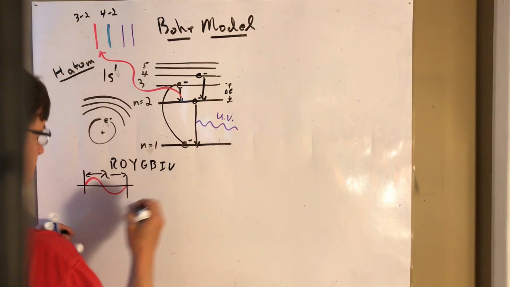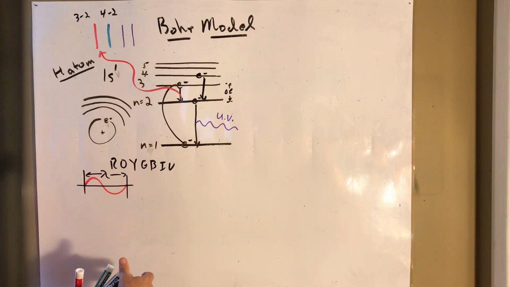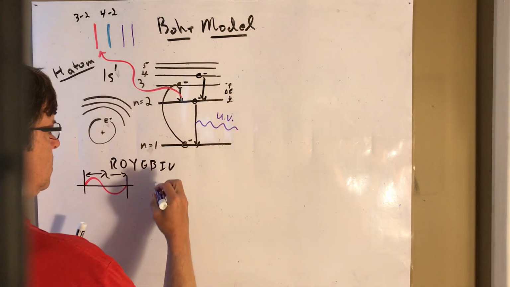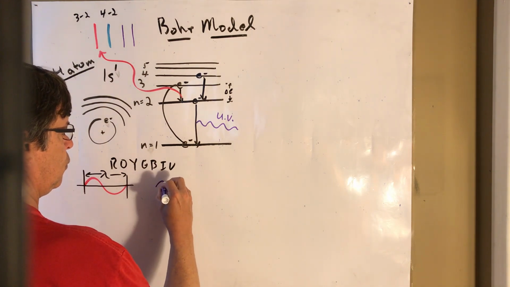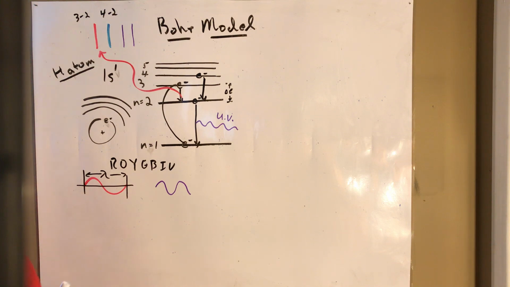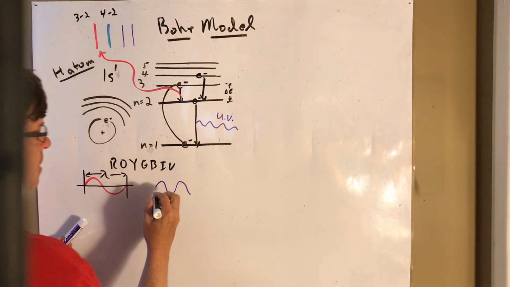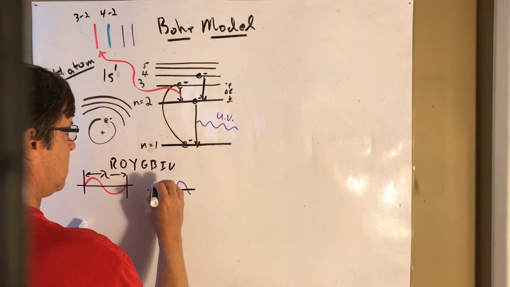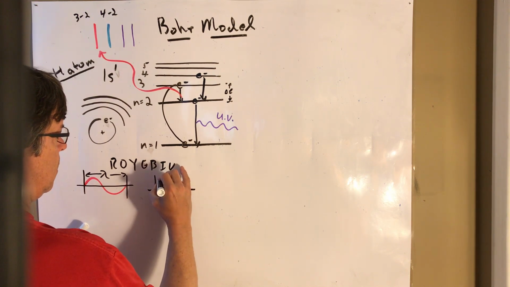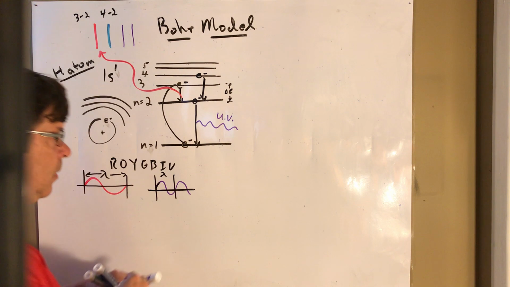This violet light has much more energy and a shorter wavelength. This is a wavelength right here, like a sine curve. That wavelength is much shorter and has more energy.